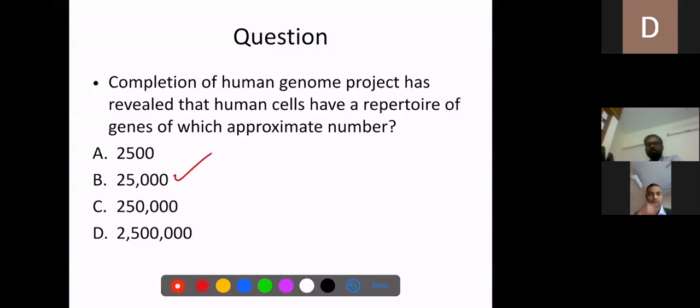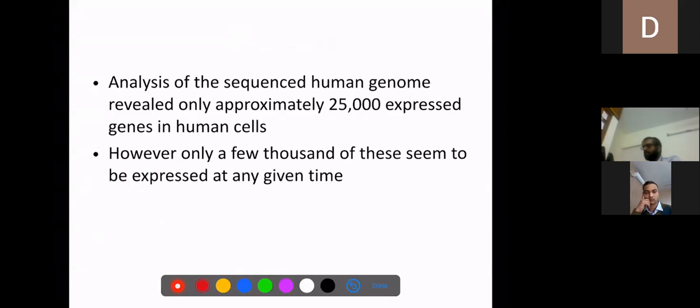This is 25,000. Even though there are approximately 25,000 genes present in the human cell, only a few thousand tend to express at one point of time. Not all 25,000 genes are expressing at any given point of time. Analysis has revealed 25,000 expressed genes in human cells; however, only a few thousand of these seem to be expressed at any given point of time.